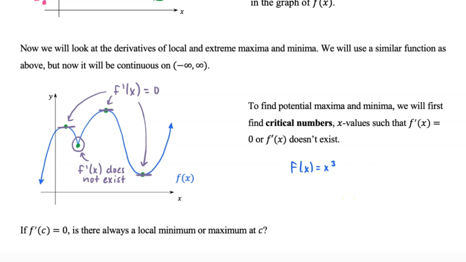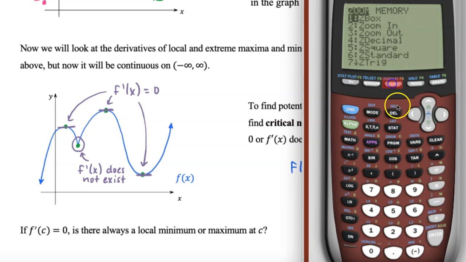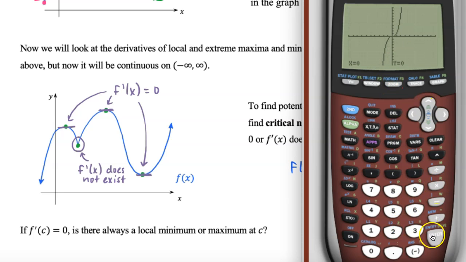So let me graph this really quickly. Okay, so I want to graph x cubed. Now let me start off in a standard window. And so this is my function. If I want to get a better idea of what's happening at the origin, I can zoom in. And let me zoom in near the origin so I can see what happens to this curve.